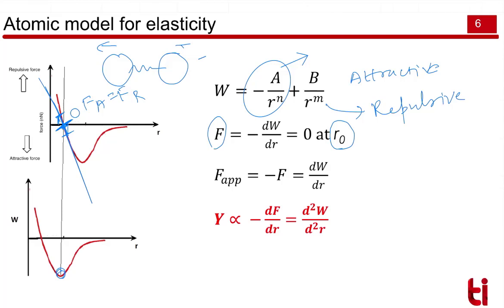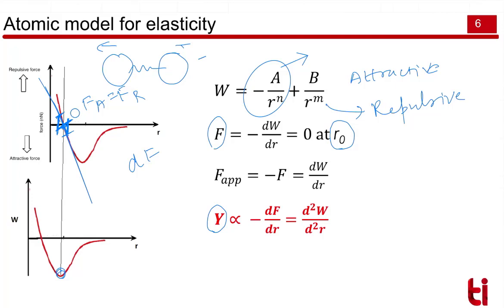So if you see here, the Young's modulus Y will be related to the negative of dF by dr. What does that mean? In this region, in the compressive state, this is the force which we applied. In the stretching state, this is the force we have applied. So the net change in force is dF, and this is R in the compression state, and this is R in the stretching state.